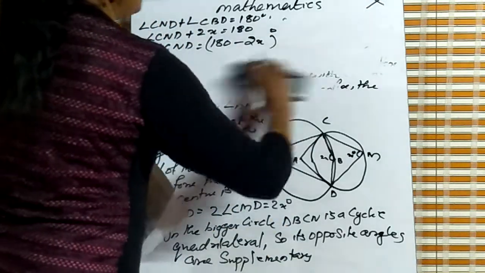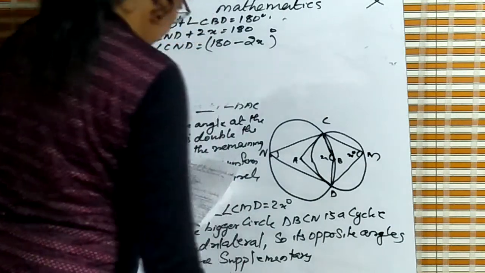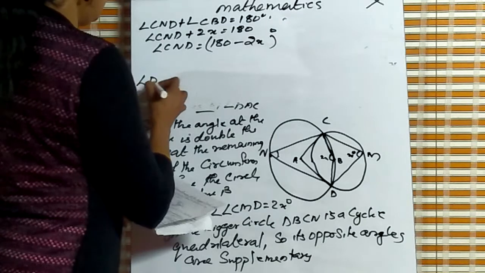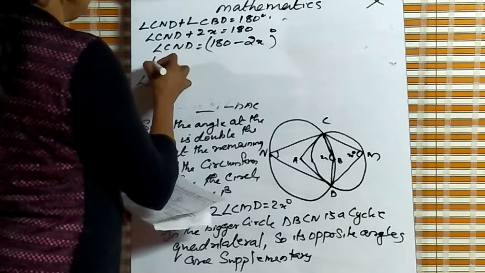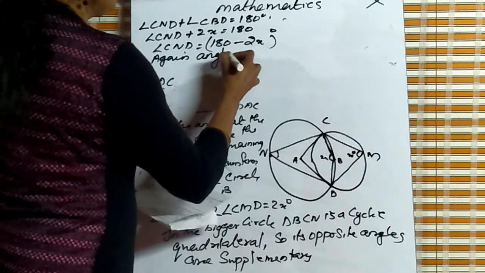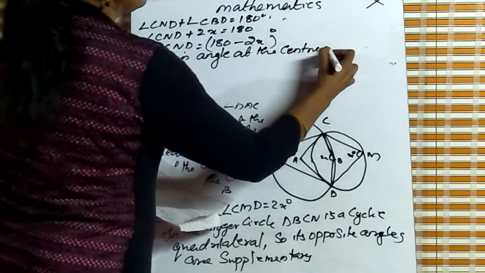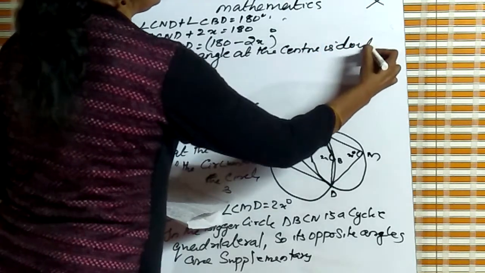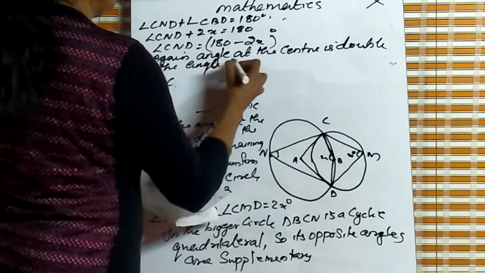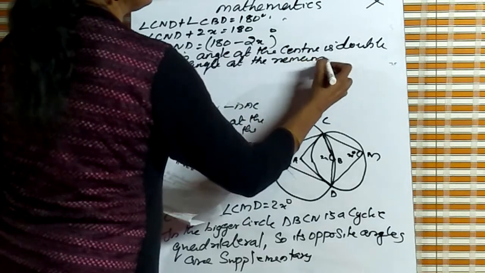Again, the angle at the center is double the angle at the remaining part of the circumference.